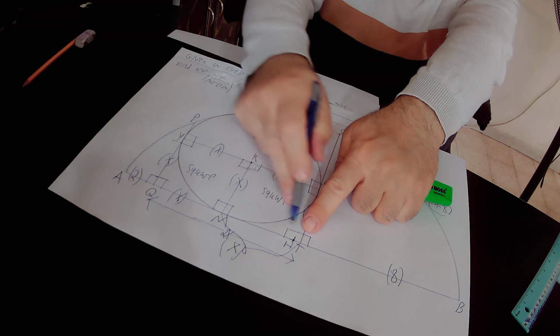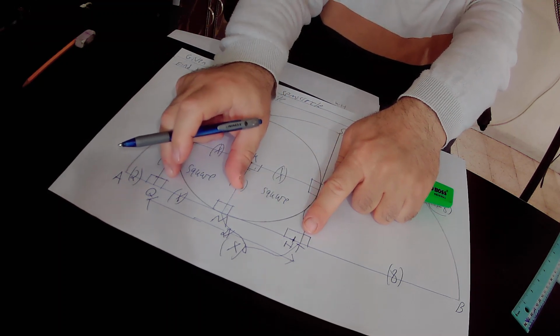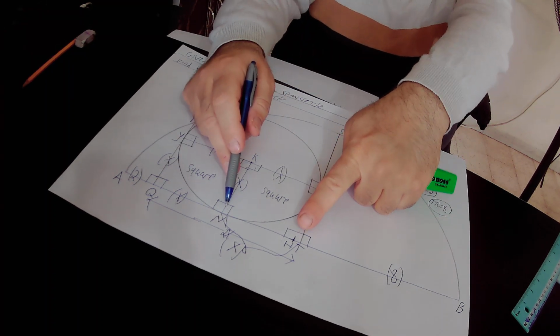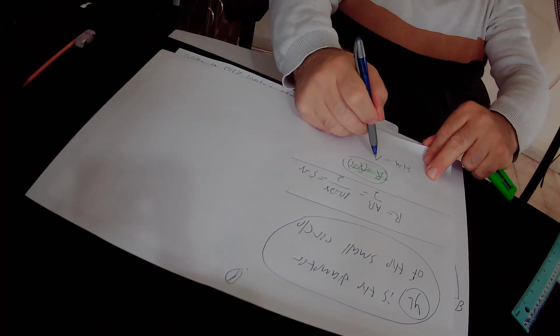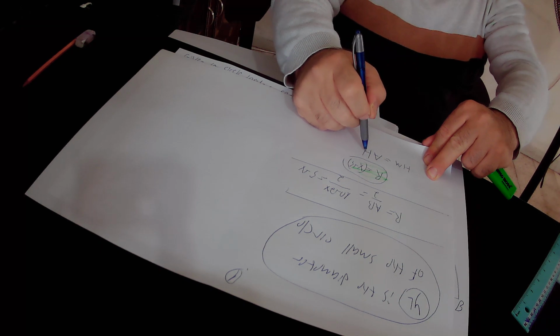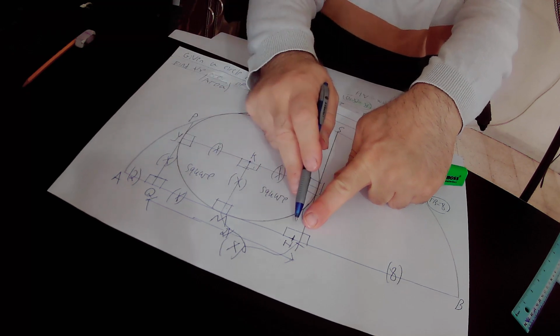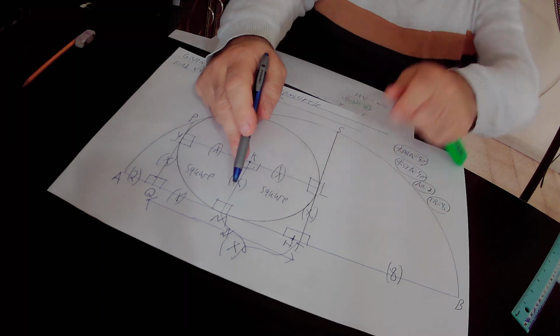So it is AE minus AQ, that is 2, minus QM, that is x.